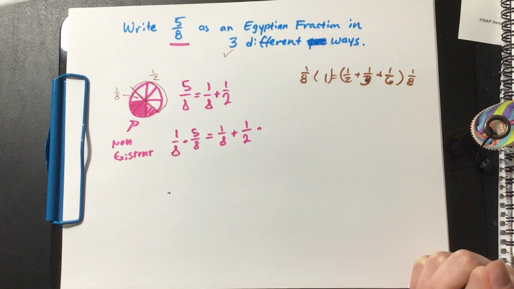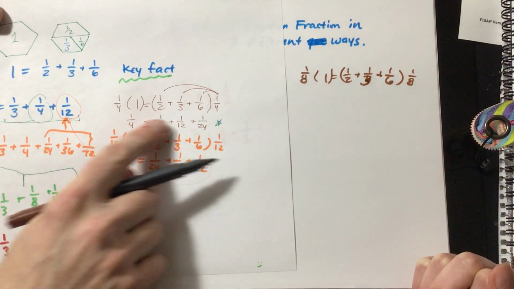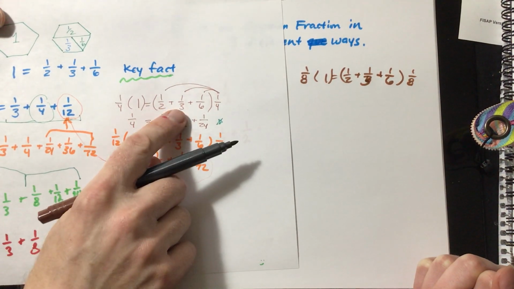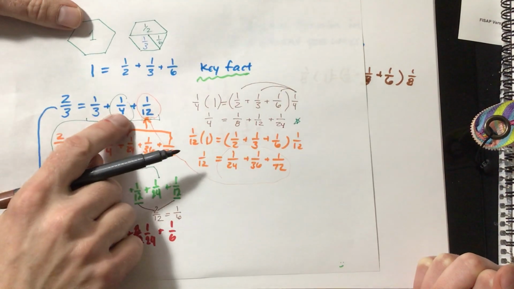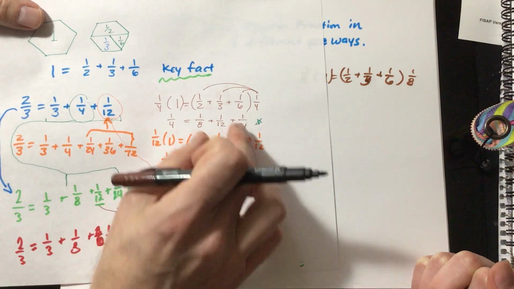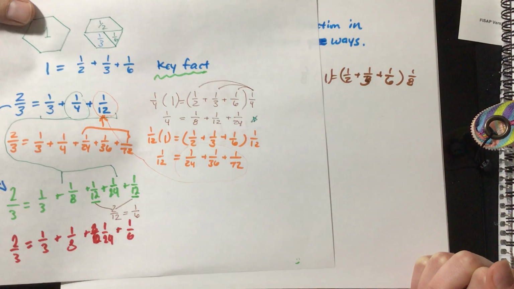Kind of like we did over here. I started with my key fact, then I multiplied both sides by one of the fractions I had in here to get a new statement in terms of that fraction.